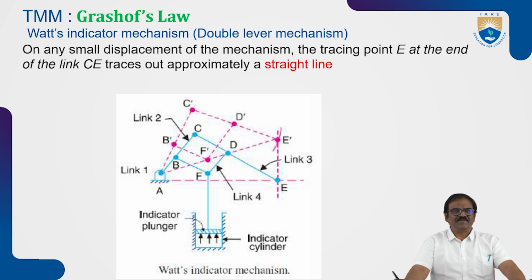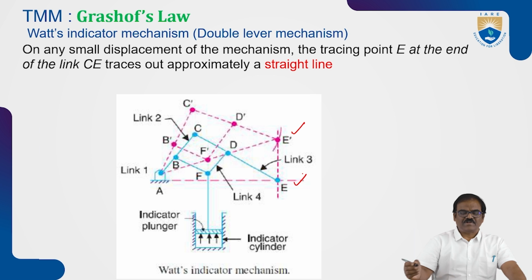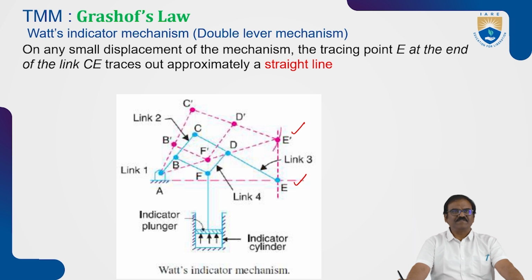See the indicator plunger and indicating cylinder; when they move up and down, there will be an oscillating motion from AC and that is converted to CE. As the piston moves up, the point E will make approximately a straight line. So the Watt indicator mechanism is a double lever mechanism and an approximate straight line mechanism. That is what we can understand.